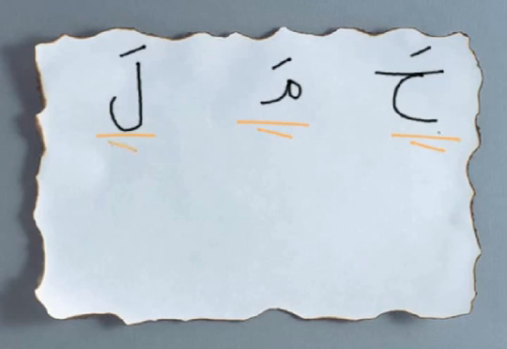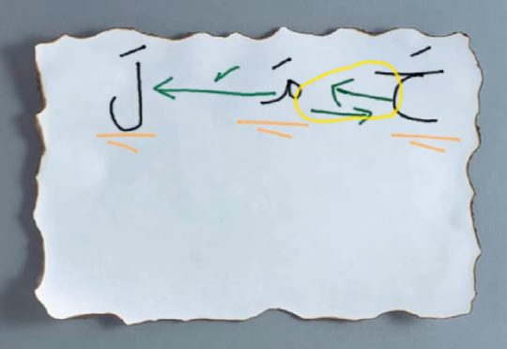Now, this harful ha, what is it going to look like when we try to connect it with the harful mim? How are those two going to get together? Well, we're going to explore that. But they do indeed get together and meet up to form a part of this word.